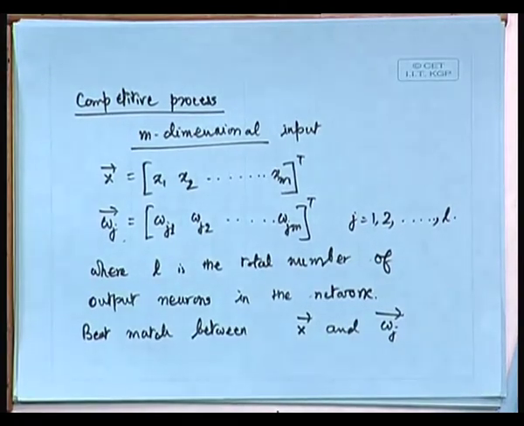There will be a competition between these L output neurons. x is going to find the match with Wj, and whichever Wj has the best match, that j will emerge as the winner.